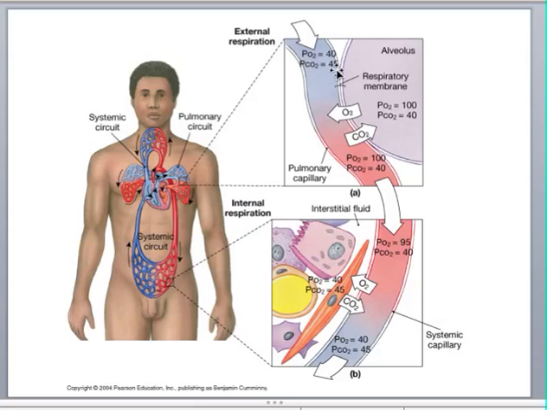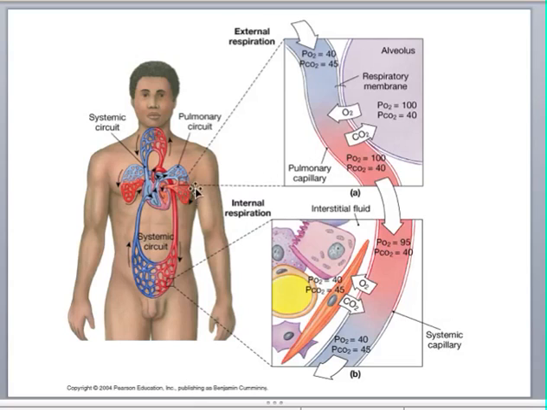Well, of course, it's going to go from the greater to the lesser, from 45 to 40. So CO2 is going to move out of the pulmonary capillary into the alveolus, and you'll breathe out the CO2. So gases are always going to diffuse in the direction down their concentration gradient. They're going to go from an area of greater to an area of lesser pressure.